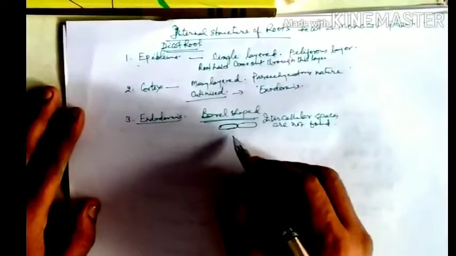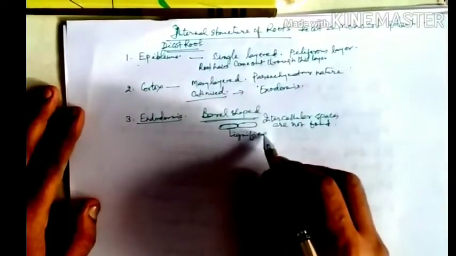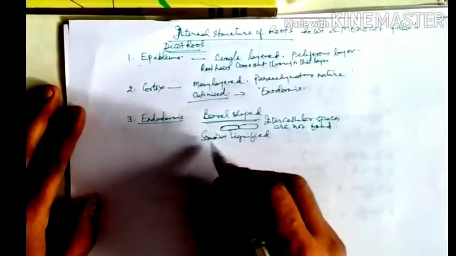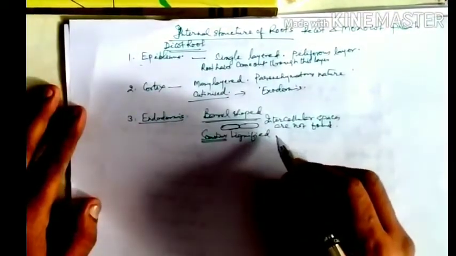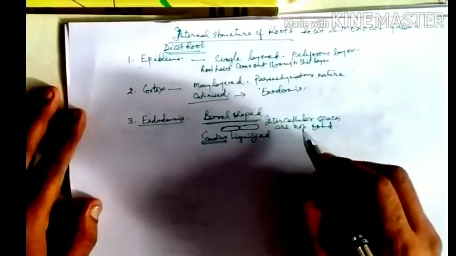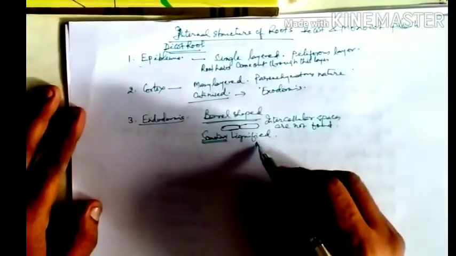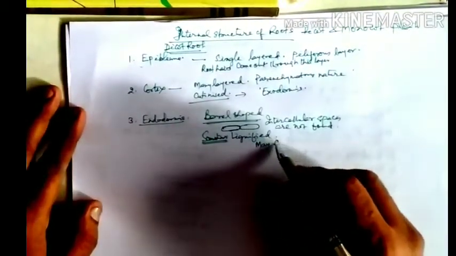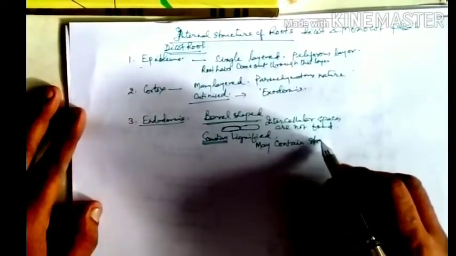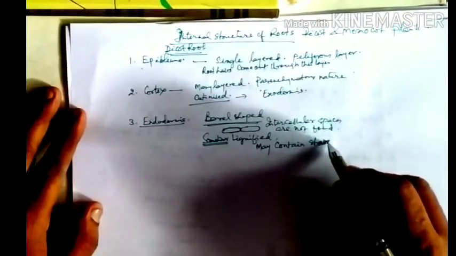Their wall sometimes becomes lignified, lignified means there is deposition of lignin when they become old, and they may contain a starch grain.